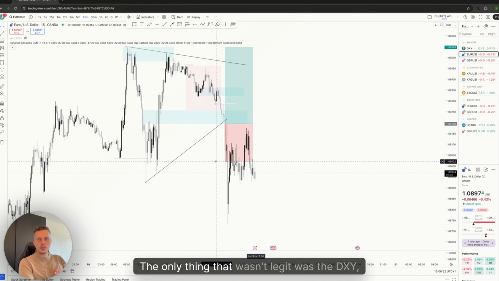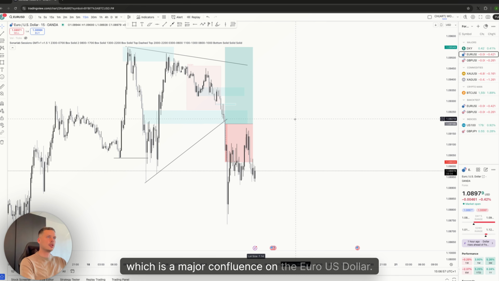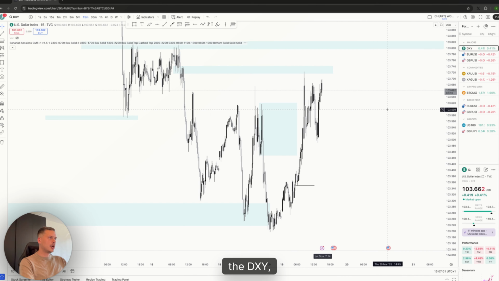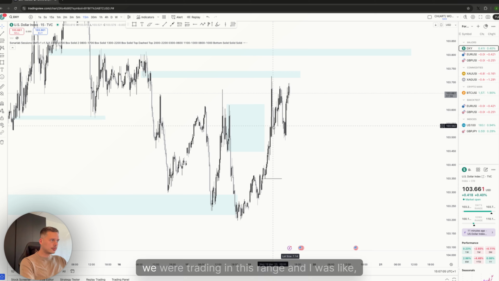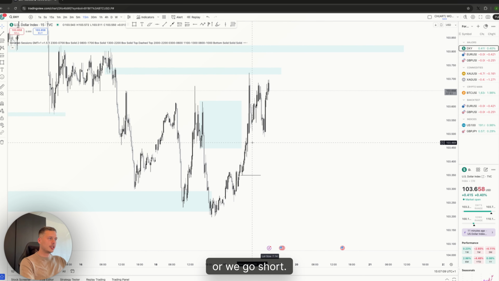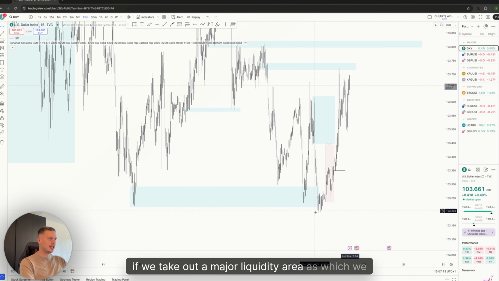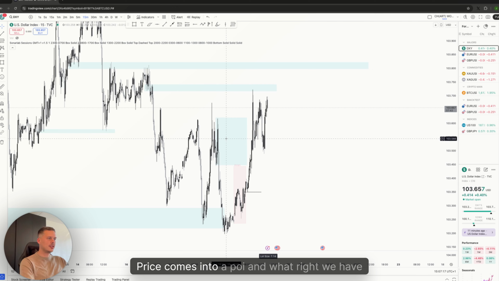The only thing that wasn't legit was the DXY, which is a major confluence on the euro US dollar, right? Looking at the DXY, what I missed is that at the time we were trading in this range and I was like, okay, we go short, but what we usually see if we take out a major liquidity area, which we did over here, price starts to push up, price comes into a POI.